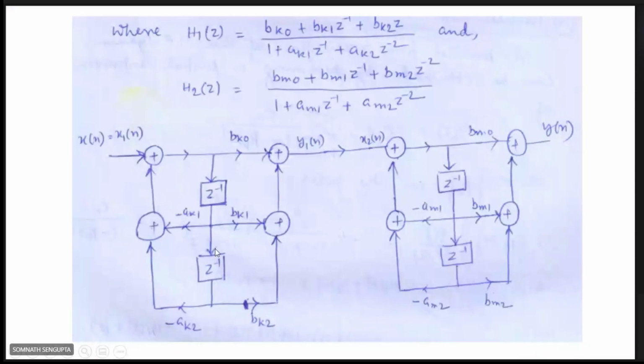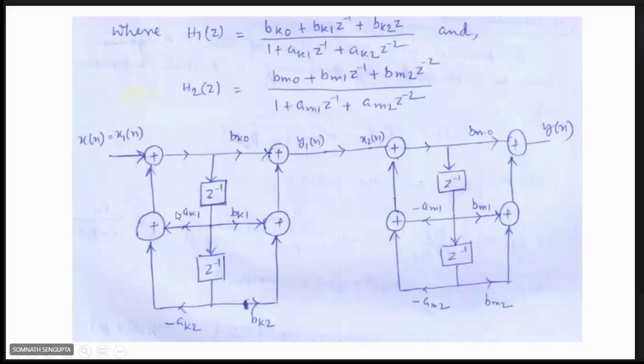And then after each delay element, you have to pass it through the coefficient, either to the output side or to the input side. If it is to the output side, then the coefficients are bk0, bk1, bk2, with no change in their polarity sign. And once you pass this through the coefficient stage, then you have to use the adder. Here one adder, here one adder.